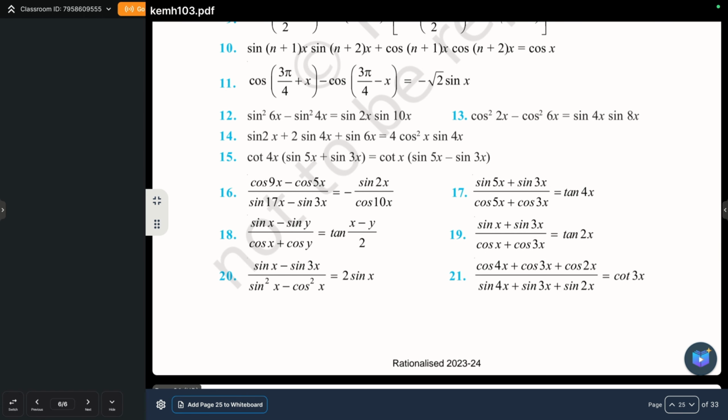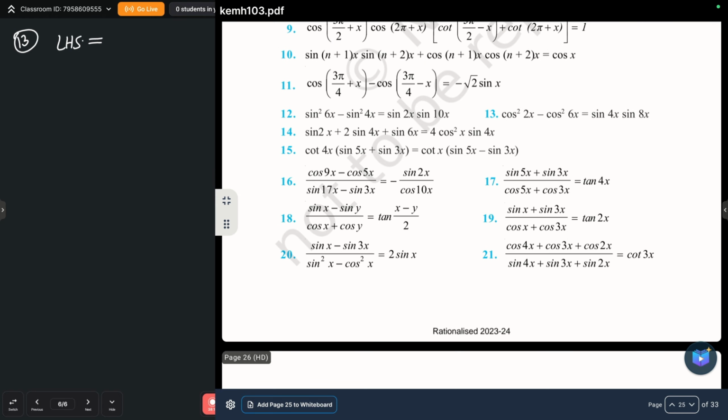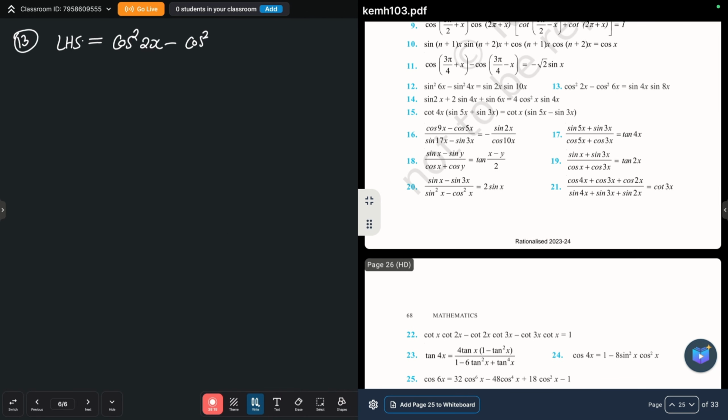Next, exactly the same, a similar problem. Question 13: you have to prove LHS cos square 2x minus cos square 6x, and RHS sin 4x sin 8x.